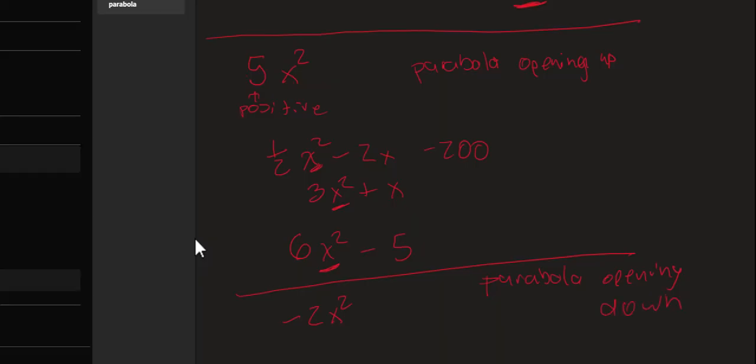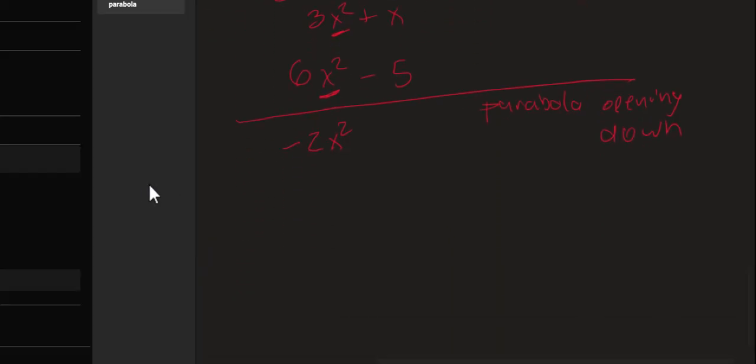So how do you tell what it is? Here's what you look for. Does it have an x? If there's no x, just a number, it's a horizontal line.